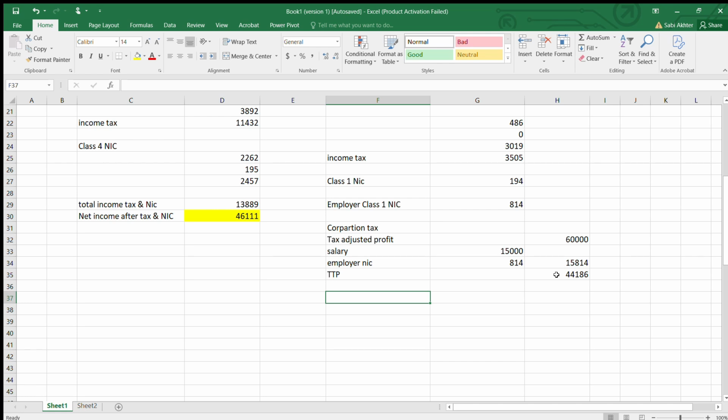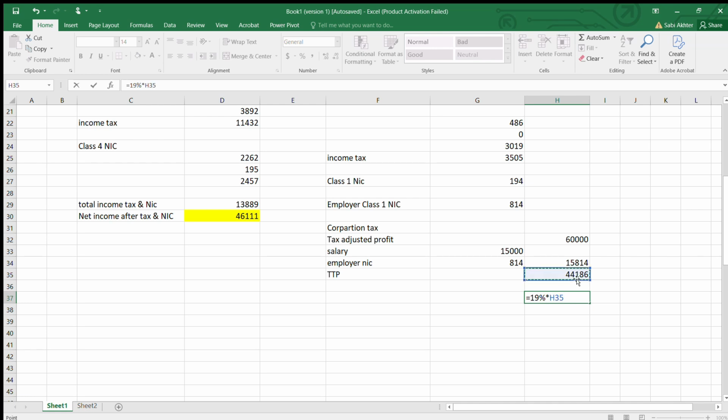If you see this TTP, it's less than 50,000. So we are going to apply the small profit rate, that is 19%. So this we will tax at 19%. 19% into your TTP. So 8395.